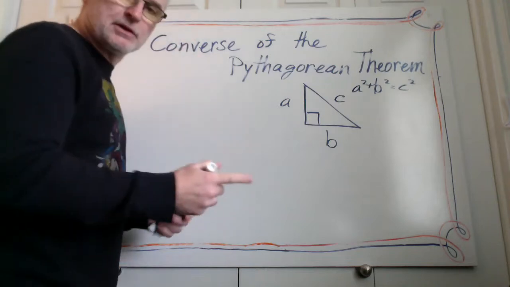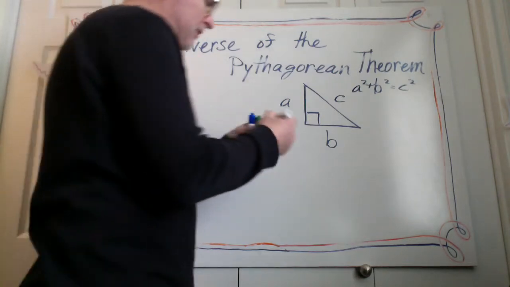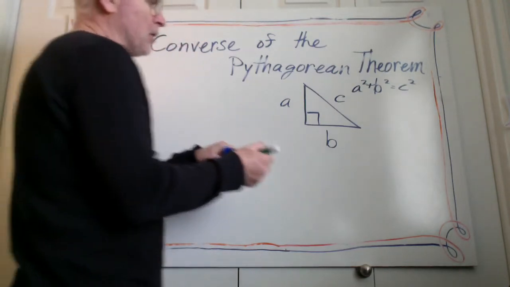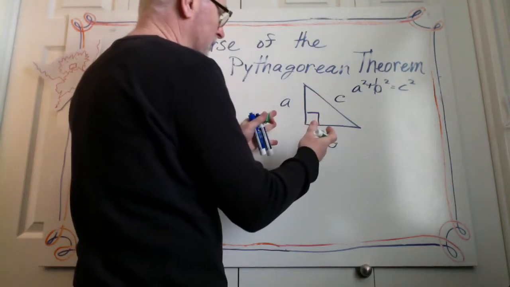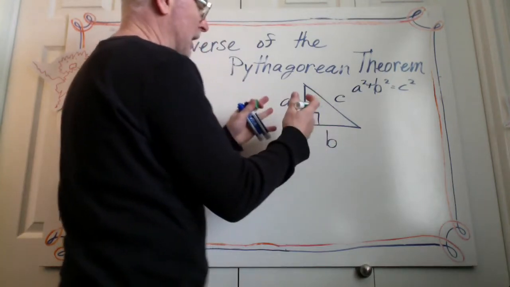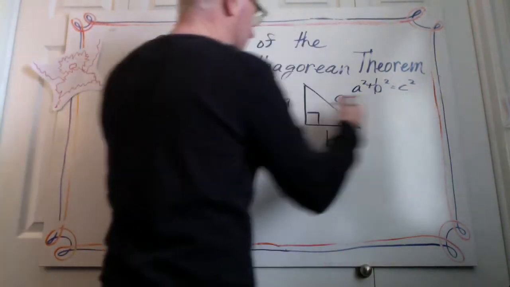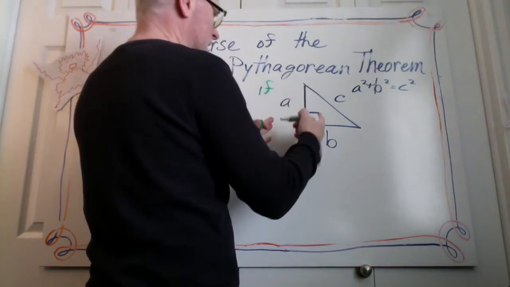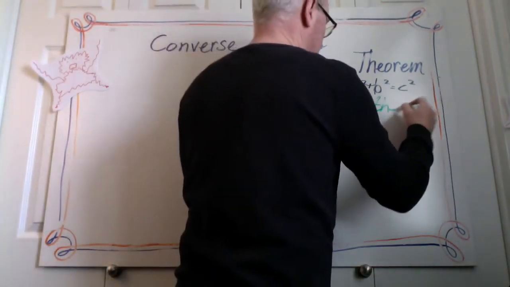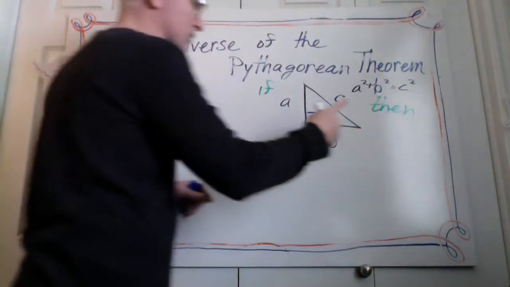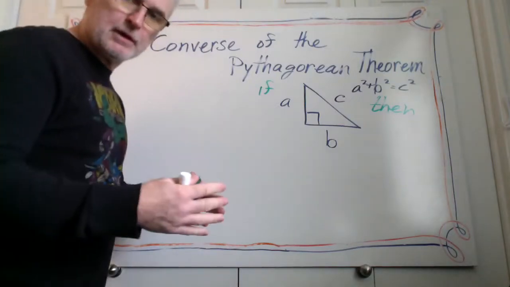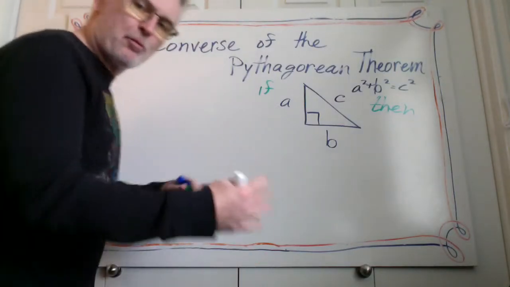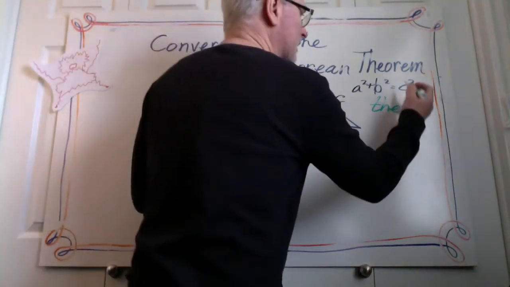The converse says this. In this idea, we start here: if we have a right triangle, then this is also true. Well, the converse is kind of like a reverse or backwards way of looking at it.